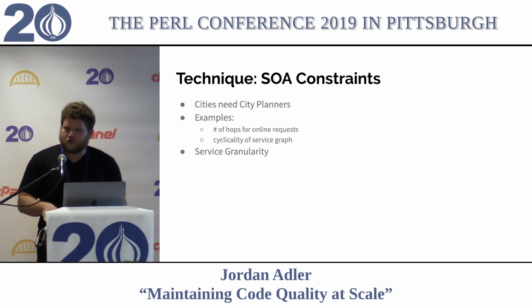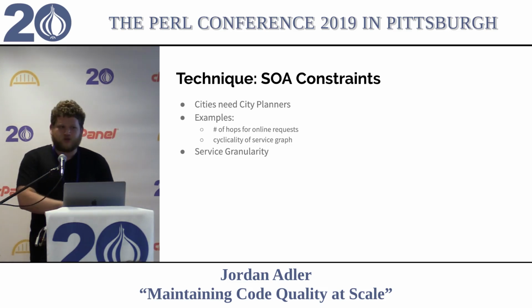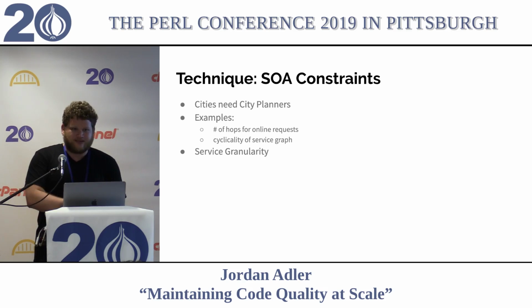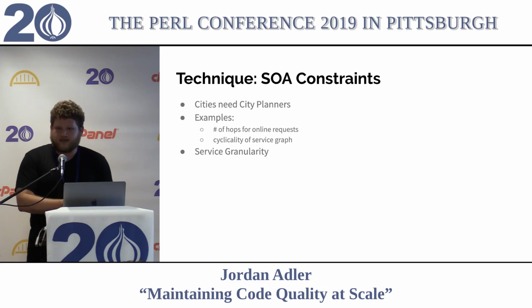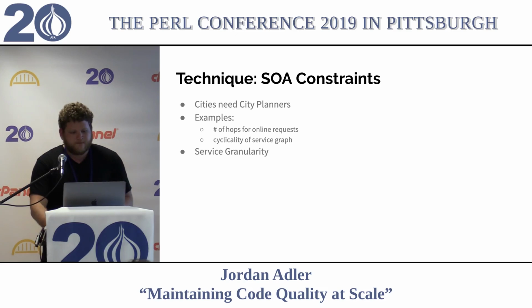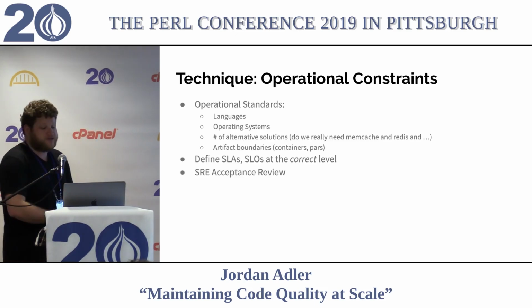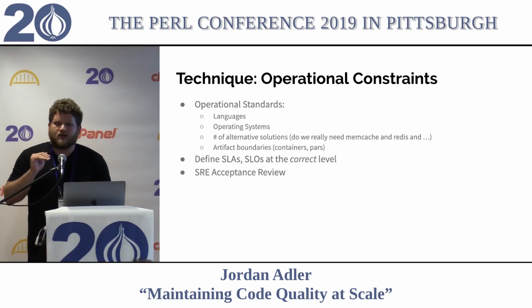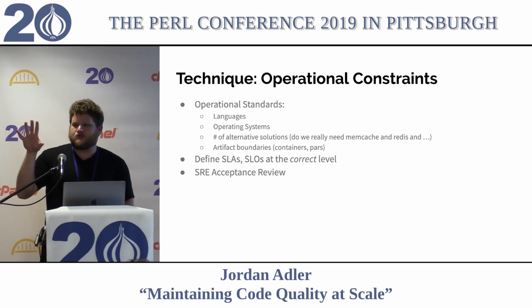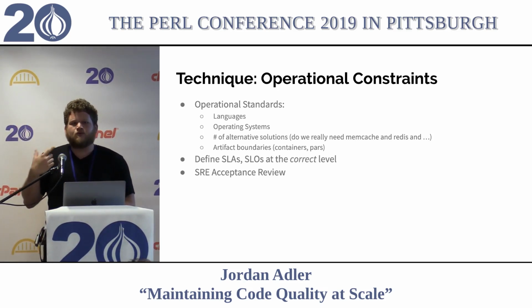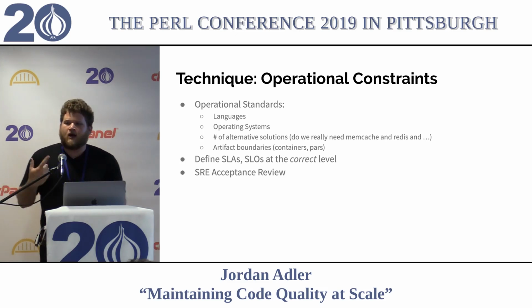So it's important to have constraints on your service and think about the ways in which the rules you design your service-oriented architecture around have an impact on software quality. So for example, if you create constraints around valid solution spaces for particular problems, I'll talk about that on the next slide. If you have operational constraints, for example, let's say languages, if you say, hey, we're only going to use these 5 languages unless there's a reasonable exception, having a rule like that reduces the complexity of operating these systems, right?